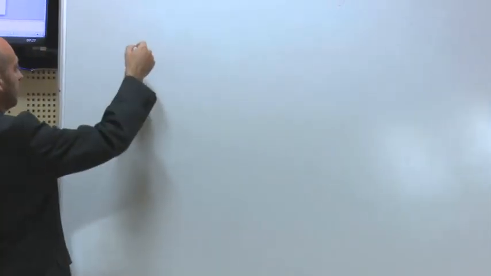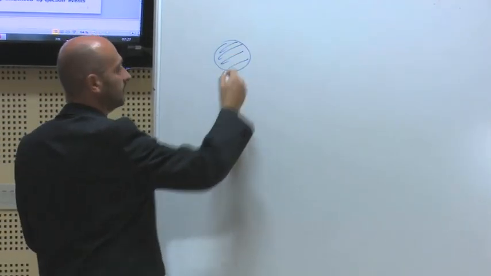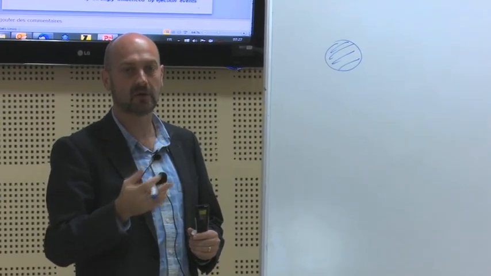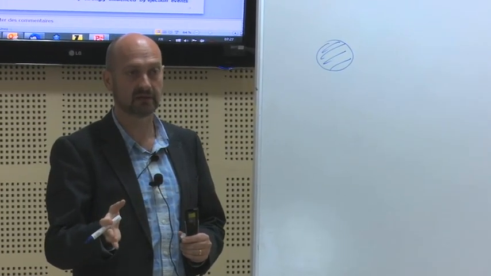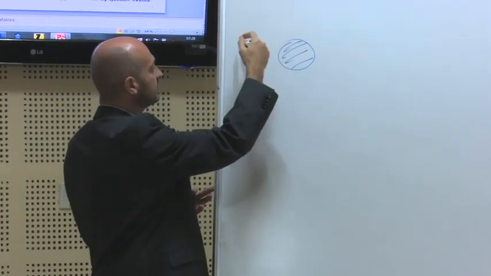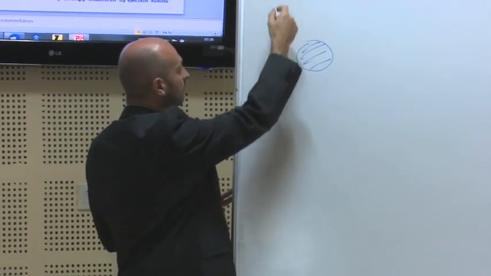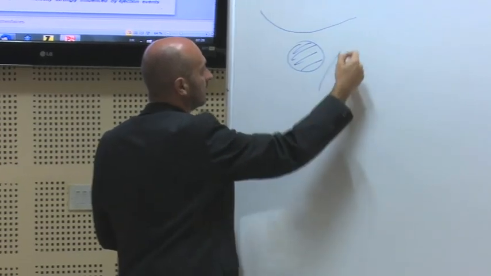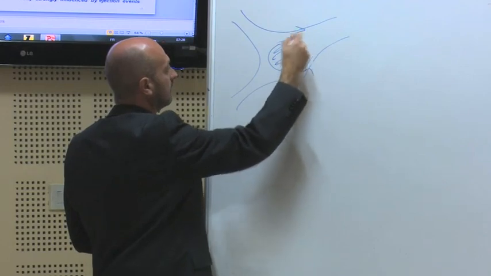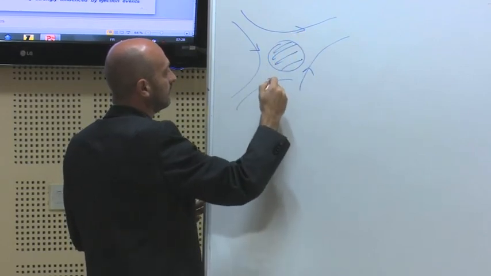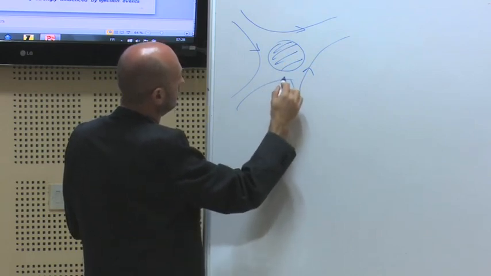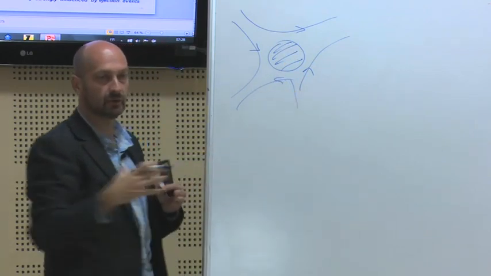Okay, you have a particle. So the question was what is the effect of particle on the flow when you don't have any settling? When you have settling, it's obvious because we know that you have eddies. There is a specific thing when this particle is placed in a straining region, so in a region of the flow.